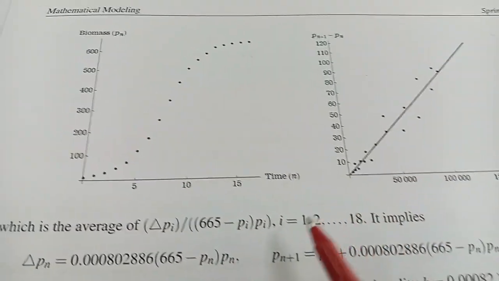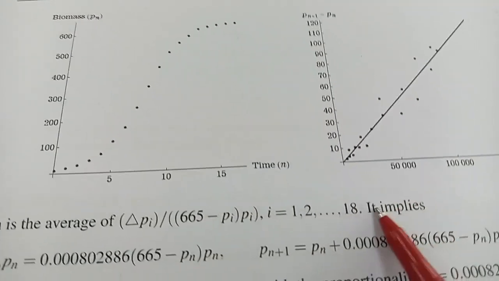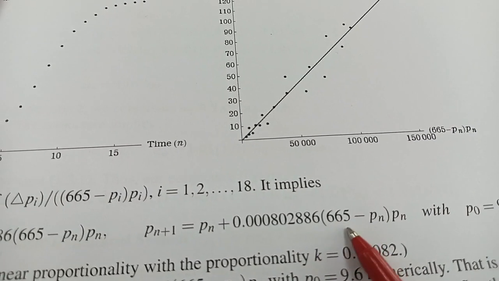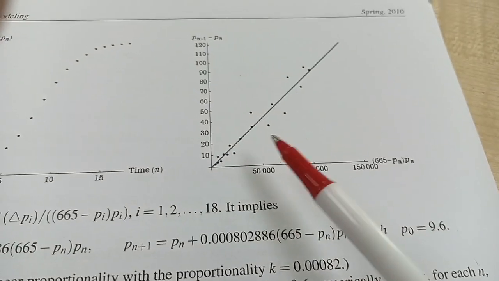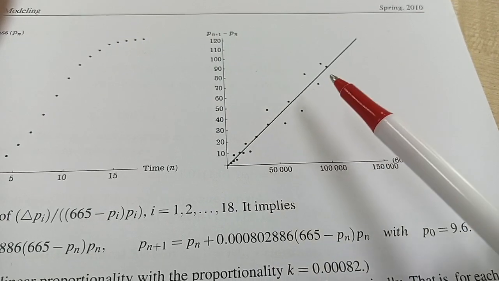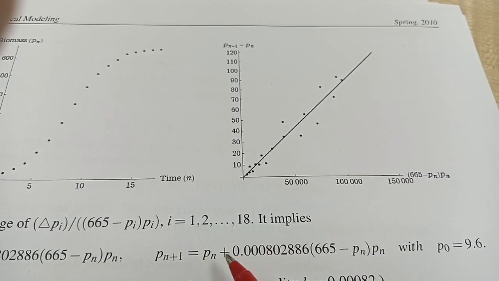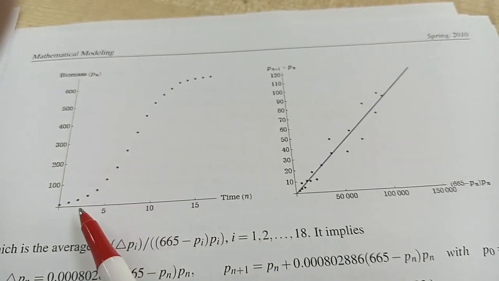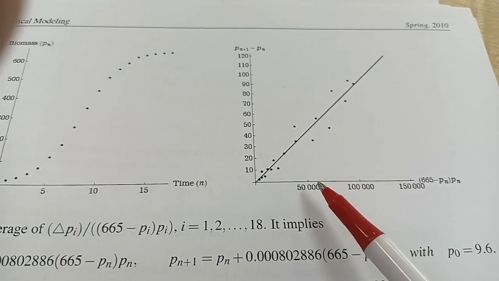Okay, actually given the ratio between Pn plus 1 minus Pn versus the right side, (665 minus Pn) times Pn, we will be able to get a straight line because the ratio between the right side and the left side is given by a constant. So it means that from a curve function, we transform it into a straight line.